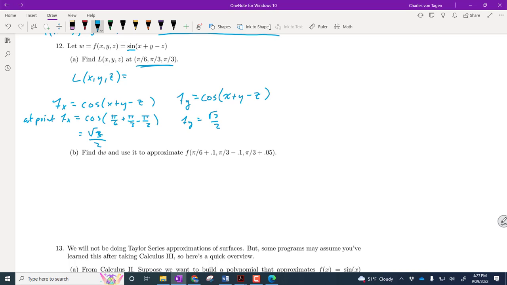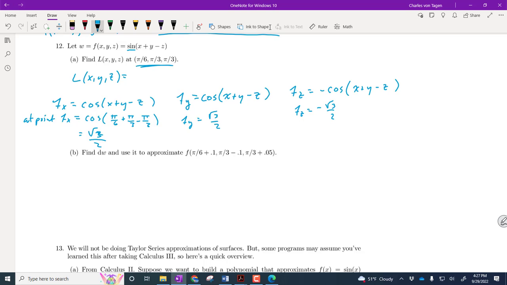Then I would have f sub z, which would be, careful, there's a chain rule in there, so it would be minus cosine of x plus y minus z. And so f sub z at our point is minus the square root of 3 over 2. How we doing, folks?